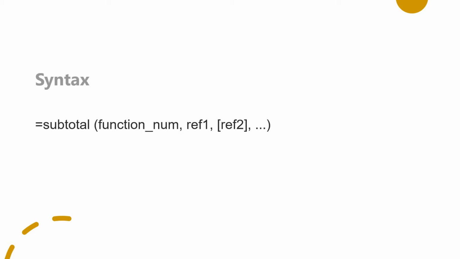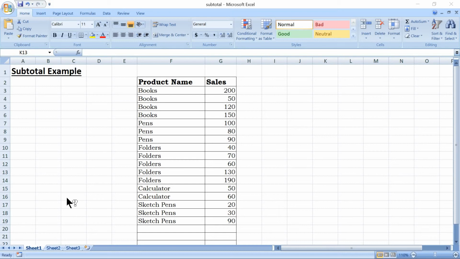Right, now we will see one practical example of how to perform the subtotal. Before we proceed with the example, the subtotal function is used to exclude filtered or hidden rows when calculating a total.